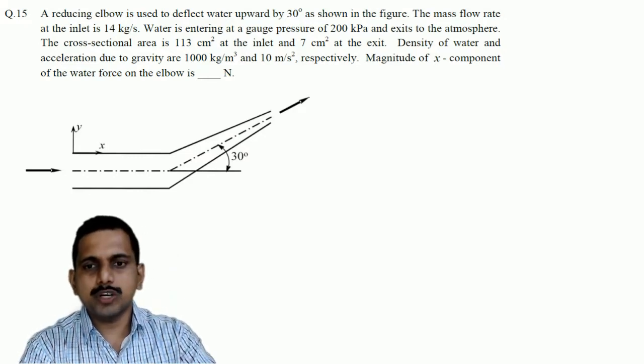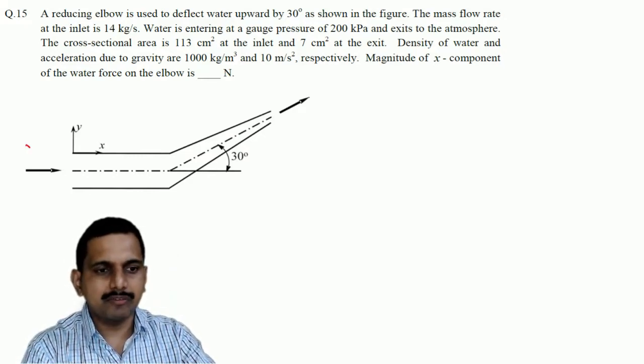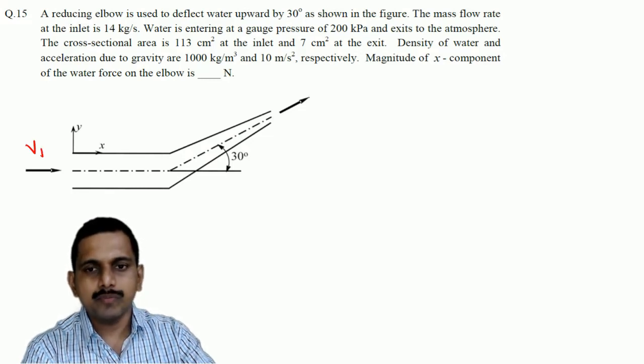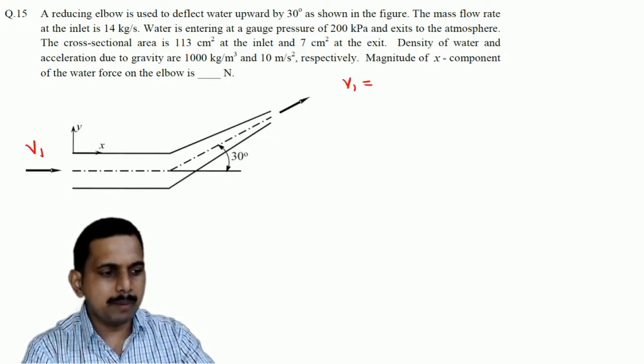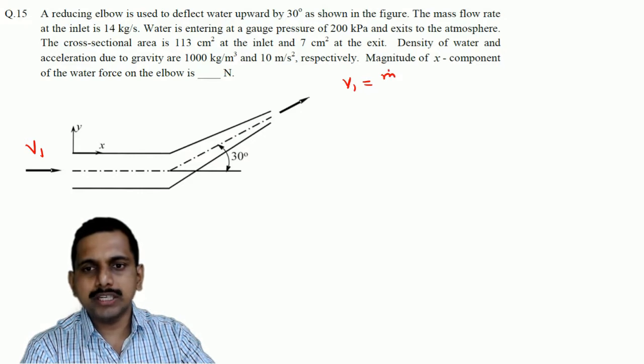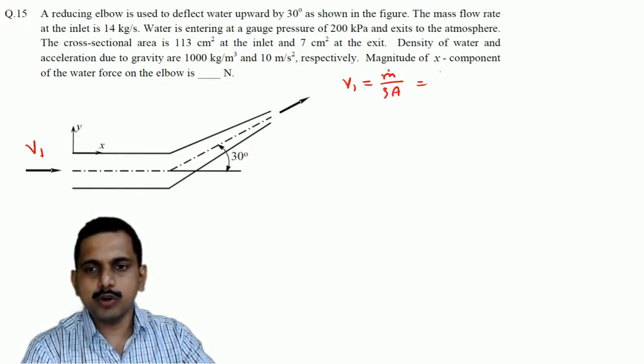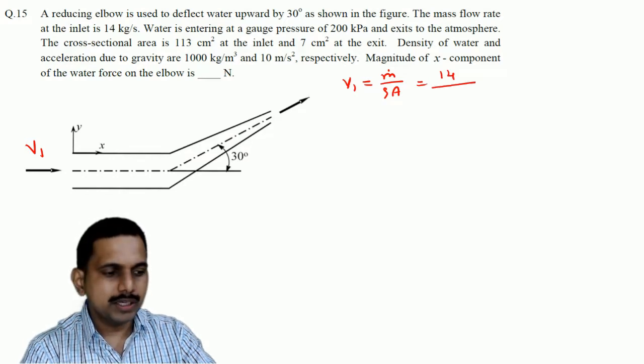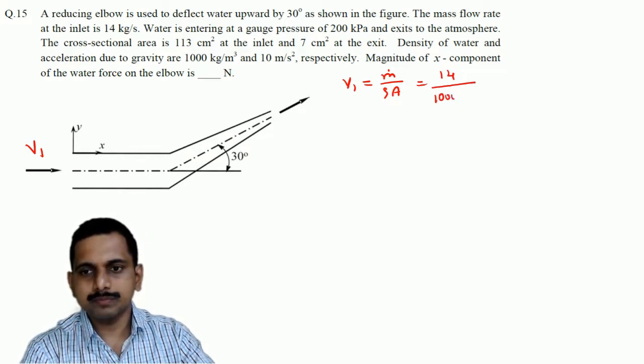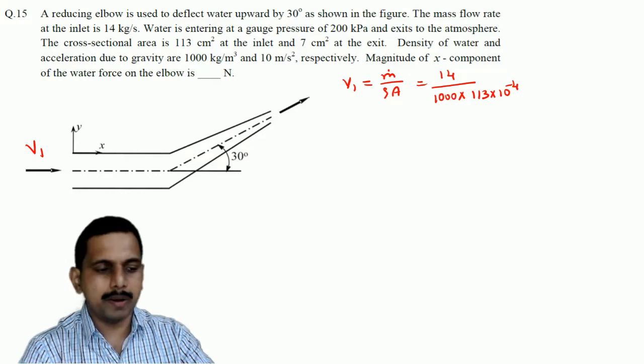Now let us see first what is velocity here, V1. If I say this is section 1, V1 is given by mass flow rate divided by density into area. So mass flow rate is given as 14 divided by density 1000 into the area, which is 113 centimeter square. Convert it into meter square, into 10 power minus 4.